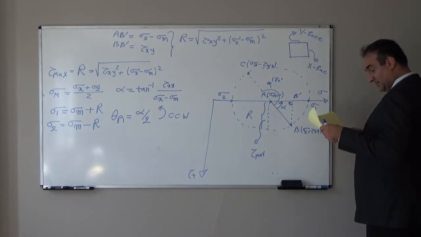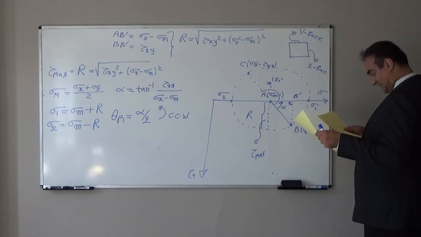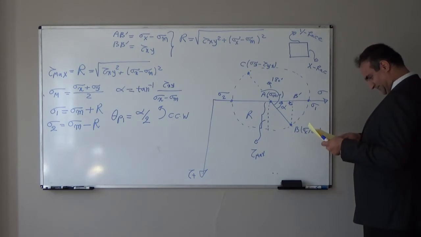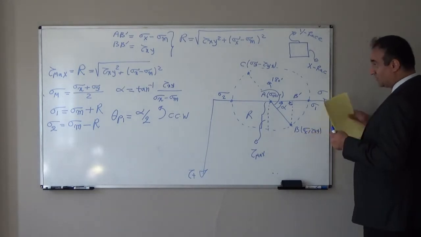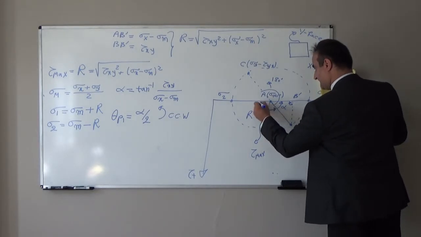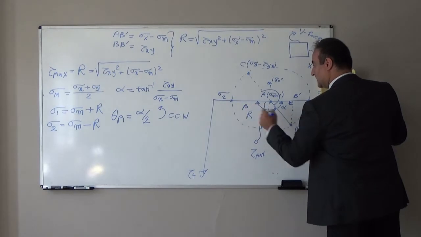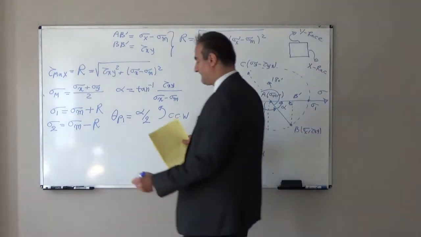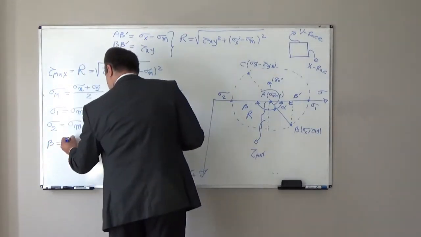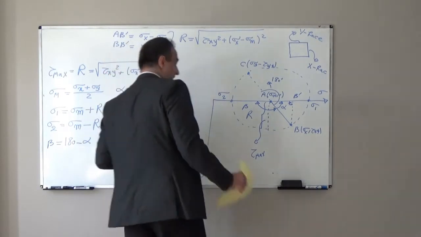I can define another angle, beta, and you see beta is equal to 180 degrees minus alpha.